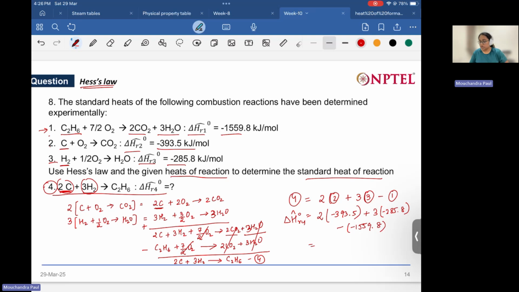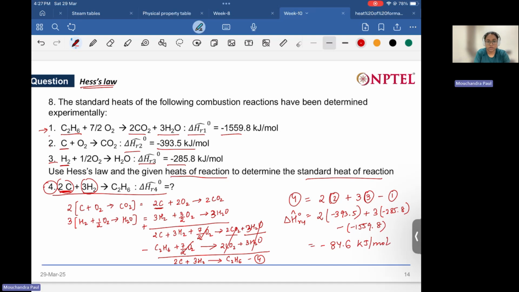Now if you solve this using a calculator, you should get minus 84.6 kilojoule per mole.